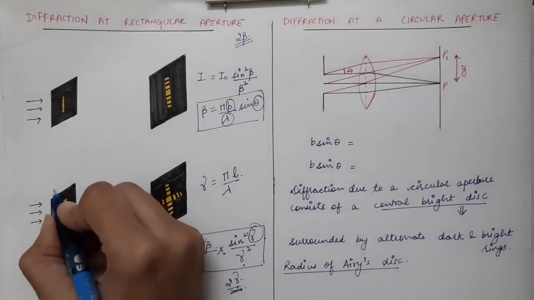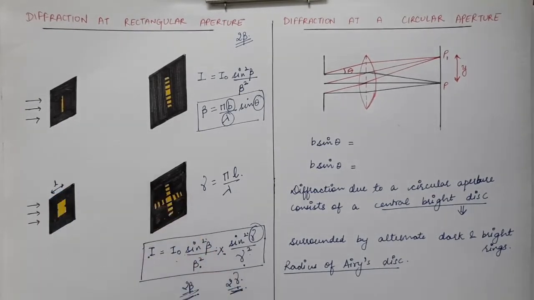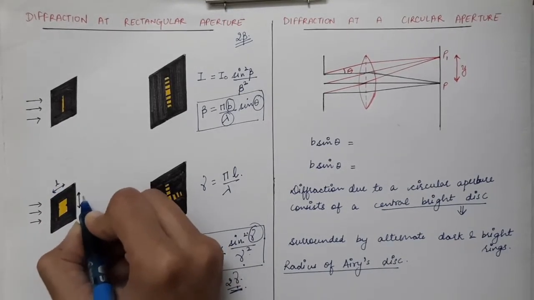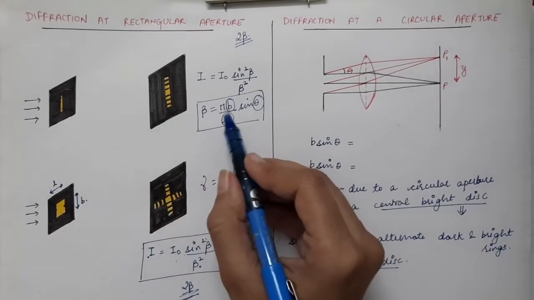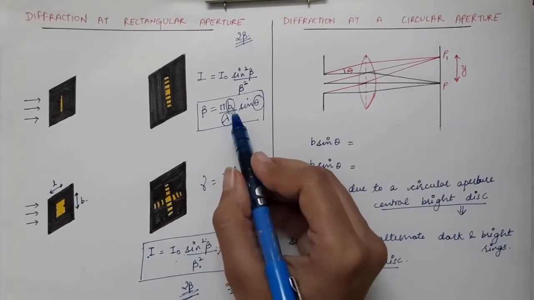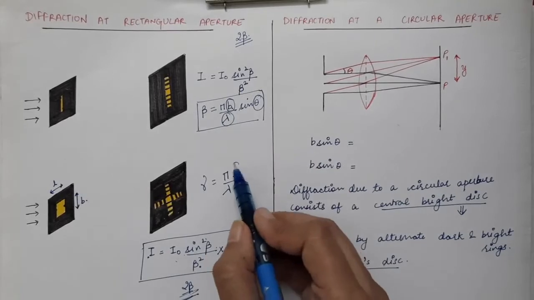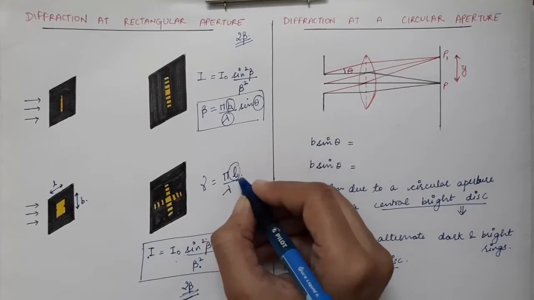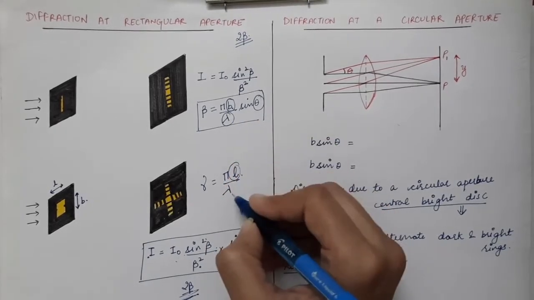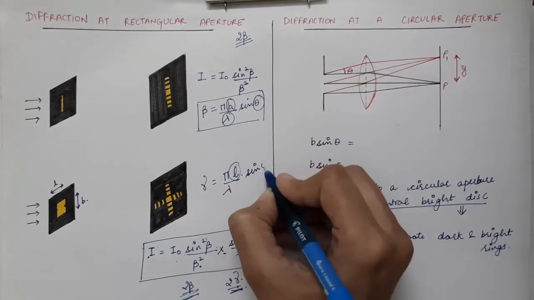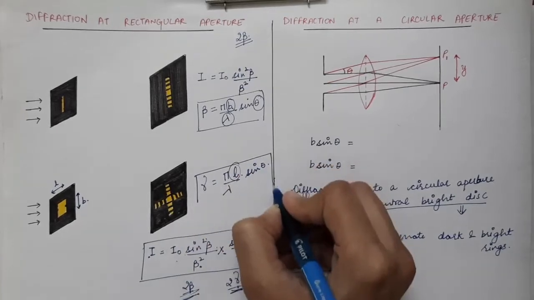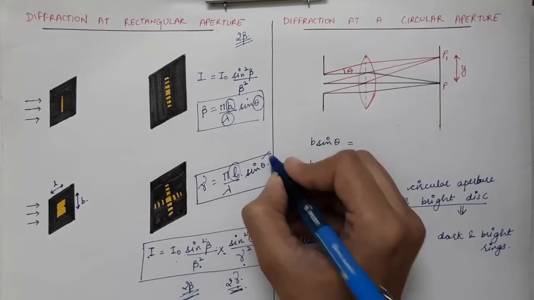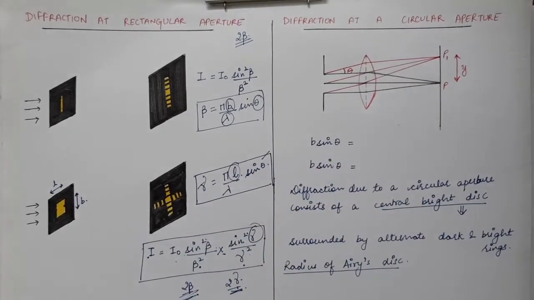Let's say the length of the slit is equal to L and the width of the slit is equal to b. Beta is related with b, the width of the slit, and gamma will be related to the length of the slit in the same form. So it will be equal to pi into L divided by lambda into sine of theta. This is the relation of gamma with the angle of diffraction.